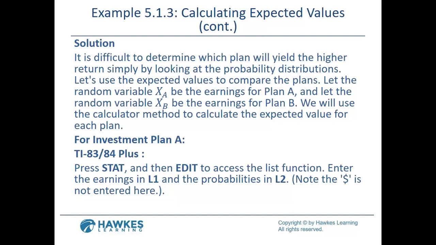So I've already showed you by hand, so let's do our calculator method. So anytime we talk about these types of things, step one is we are going to literally say stat, edit, put this stuff in the calculator, and we're going to list our earnings in list 1 and probabilities in list 2.